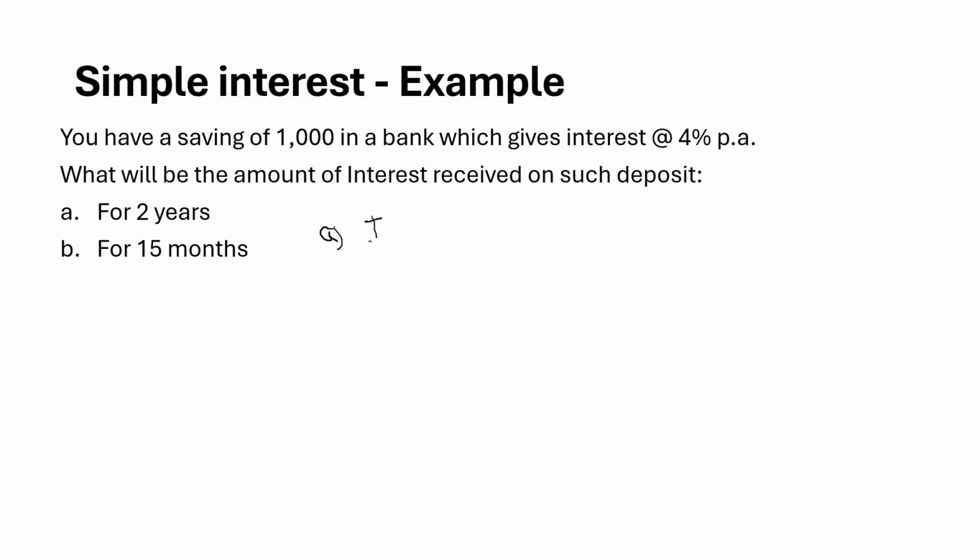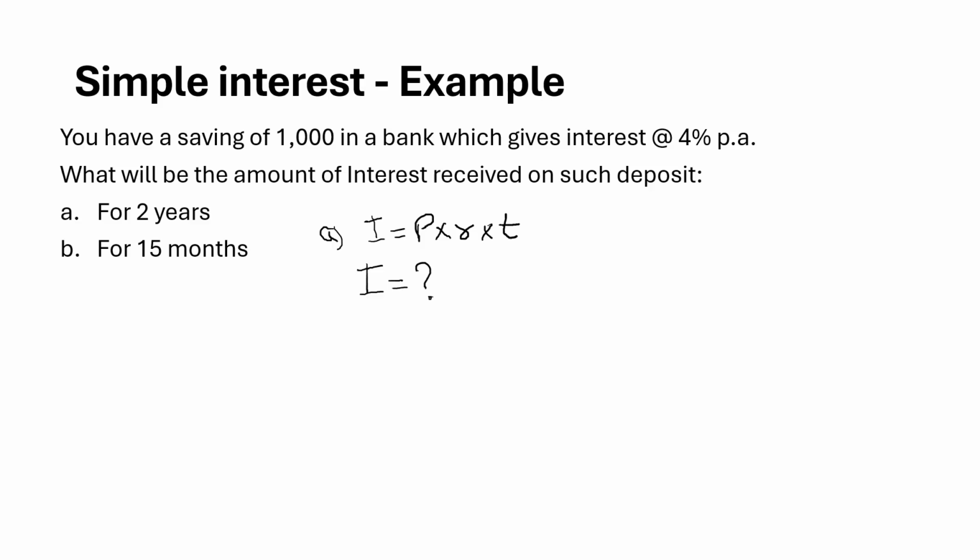The formula for simple interest is I is equal to P multiply by R multiply by T. After that we have to substitute what is given and what we need to find out. Simple interest is not given. We have to find out this I.